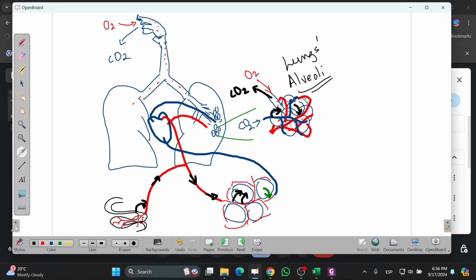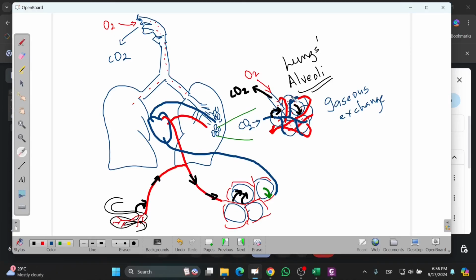In the alveoli, there is something that we call gaseous exchange. That means that oxygen and CO2 are exchanged.